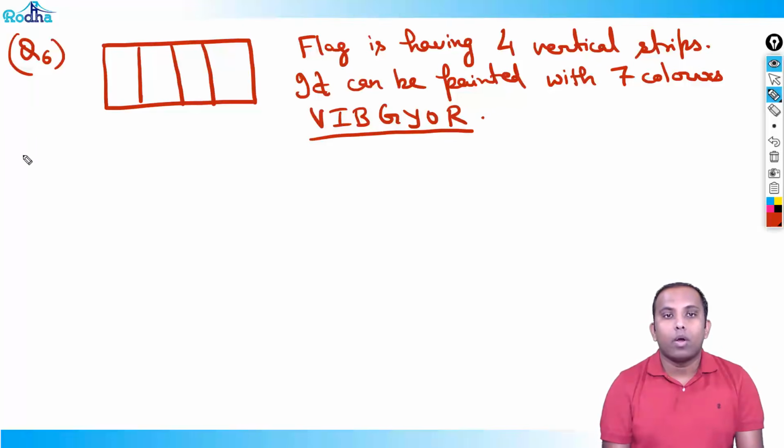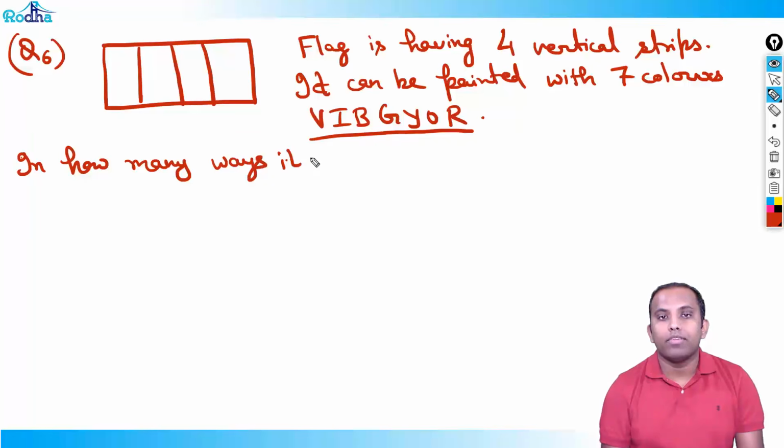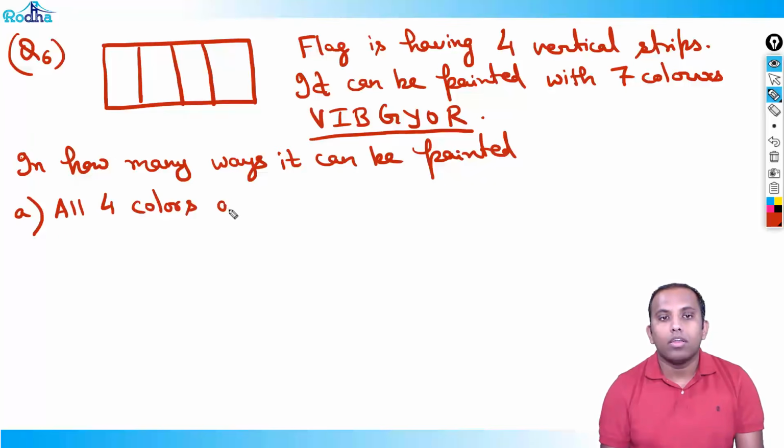The question is, in how many ways can it be painted such that, first question, all 4 colors are different, right?